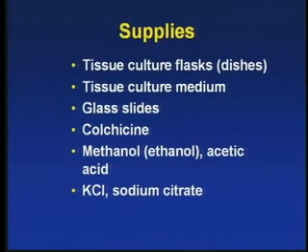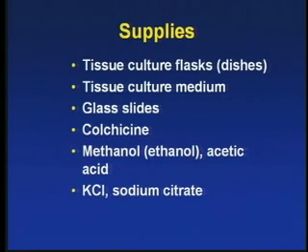For supplies, you need some tissue culture flasks to grow the cells, definitely with tissue culture medium, and a good grade of glass slide. This is an essential chemical: you have to have it in order to induce the cells into mitosis or block the cells at the metaphase so that you can see the chromosomes.